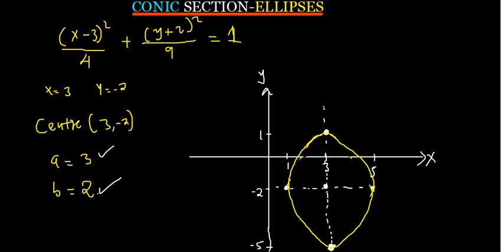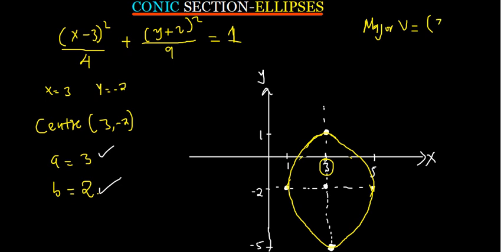So because the number below y was bigger, meaning that the major vertices will be along the y. And that is going to be what? Of course, we know that the x value is... Now, the x value will no longer be 0 because we've changed the center. So the x value will be that x value on the center. So the x value is going to be what? A 3, right?